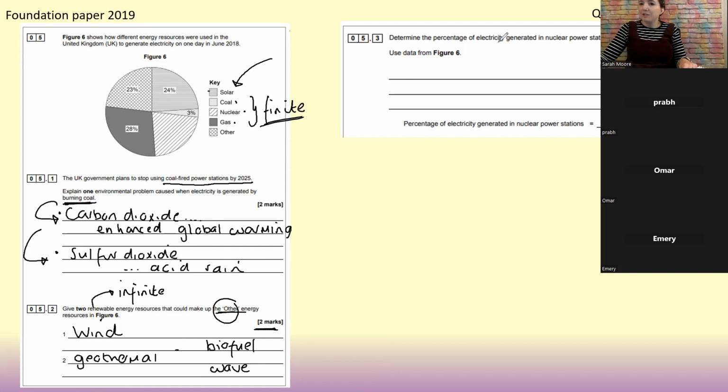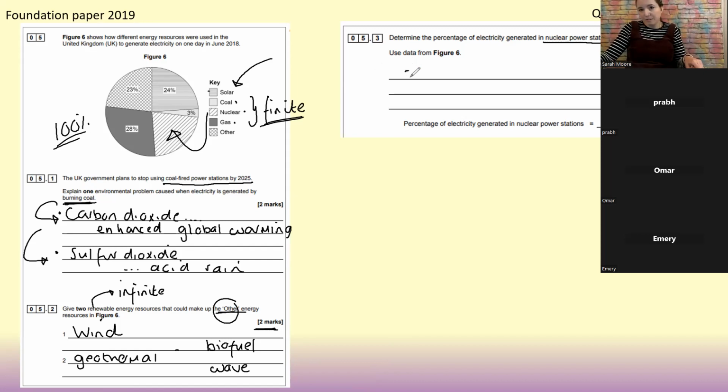And we are asked to determine the percentage of electricity generated in nuclear power stations that day. So you'll notice nuclear power currently doesn't have a number in its section of the pie chart. The pie chart, of course, adds up to 100%. So we need to work out what we already have here.